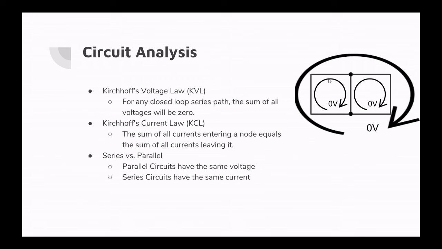Anytime you have a closed loop, the net sum of all the voltages in that closed loop will be 0 volts. This little loop is 0 volts, this little loop is 0 volts, but also notice that the outer loop is also 0 volts. Basically, as long as you can go along one solid path without going back over yourself, draw a path all the way around and come back to your origin, you have a loop.